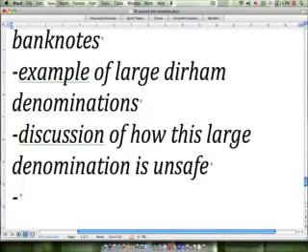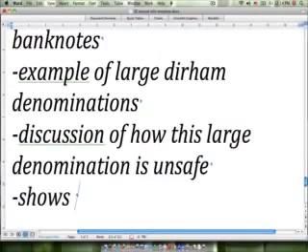They close the paragraph by showing how the points that they brought up in the paragraph, the example and the discussion, support the thesis, which, as we know, is agreeing with the idea that electronic funds are better or more beneficial than banknotes.